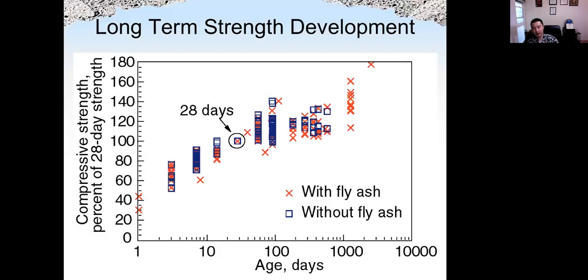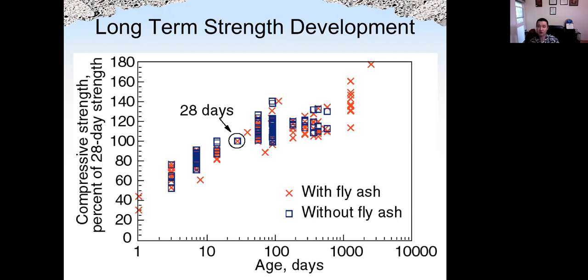For hardened properties, this is a long-term strength development. Here compares the strength of concrete without fly ash, which is the blue squares, with fly ash, which is the red cross. As we can see, without fly ash, the strength will basically be flat, with no increase after around 100 days, 3 months.